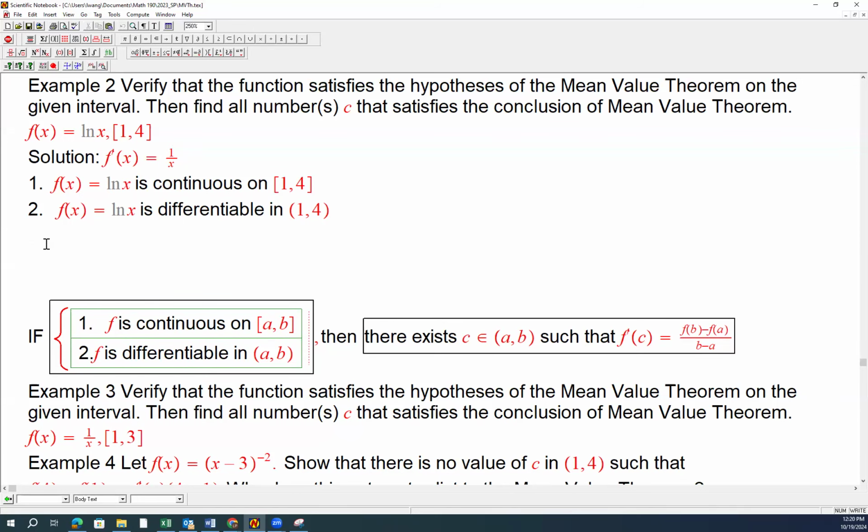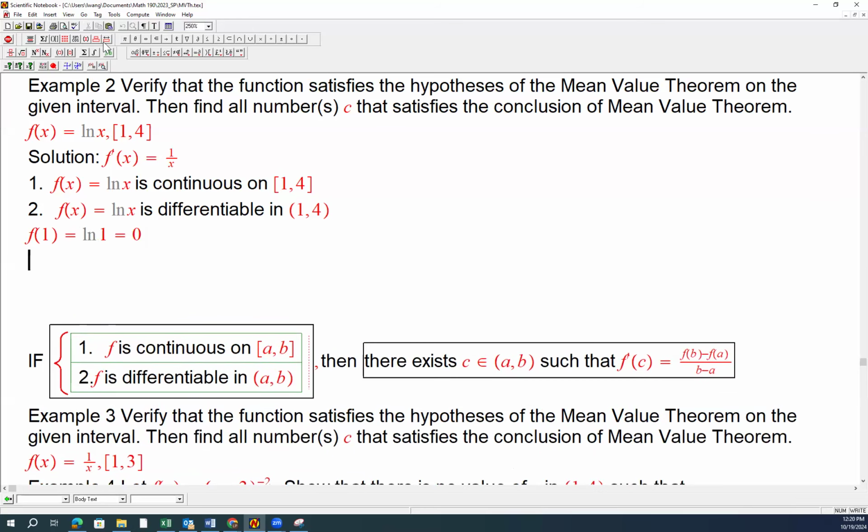And f(a) is f(1), ln 1 equals 0. f(b) is f(4), ln 4, which is equal to ln 2 squared, that equals 2 times ln 2.